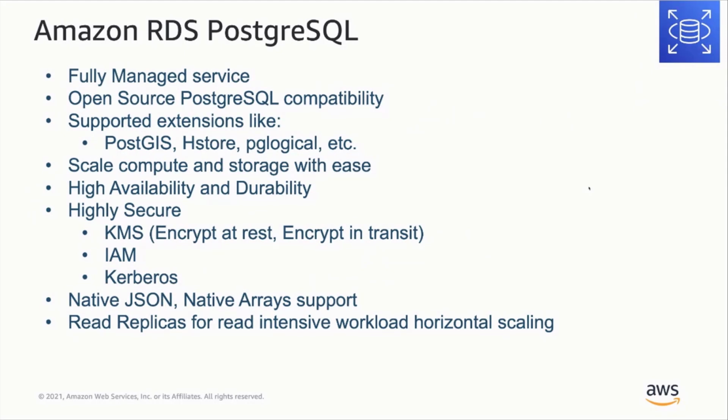Let's talk about Amazon RDS for PostgreSQL. To begin with, PostgreSQL has been a popular open source database for over 30 years, and the primary reasons for the popularity are that it provides a high performant and scalable database that matches commercial databases, and it supports a wide variety of indexing types, partitioning, native JSON-based support, and also parallel processing.